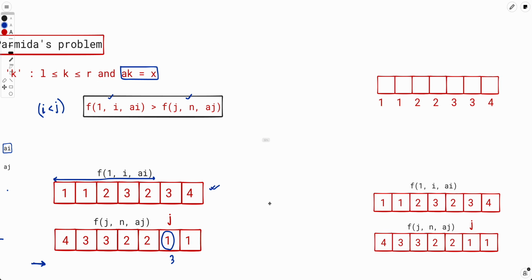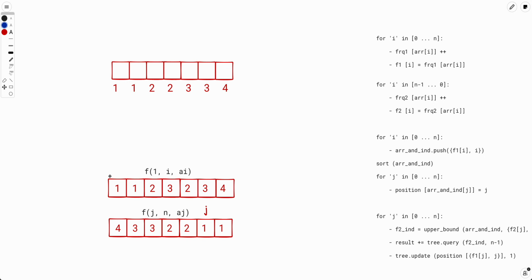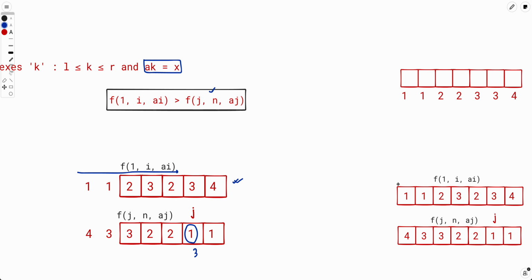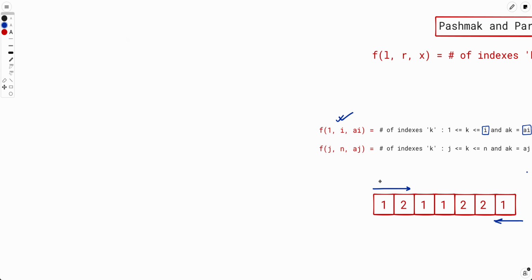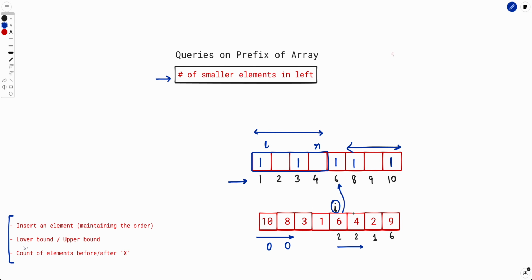Now, there is one small thing here. If you remember, while calculating this, we have to map this 6 to some index here, right? Now, if there are two 6s, or if there is a duplicate, then there will be two 6s in the sorted array as well, right? And if that's the case, you have to determine which of these two 6s you will map this to.